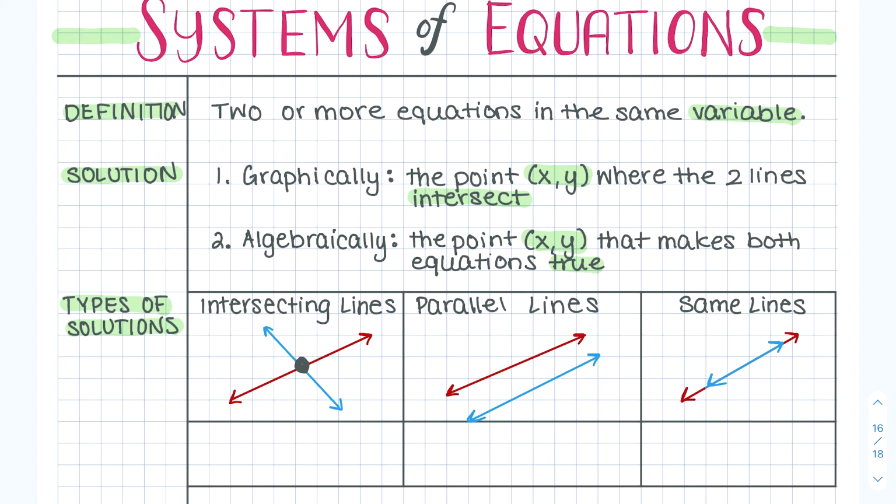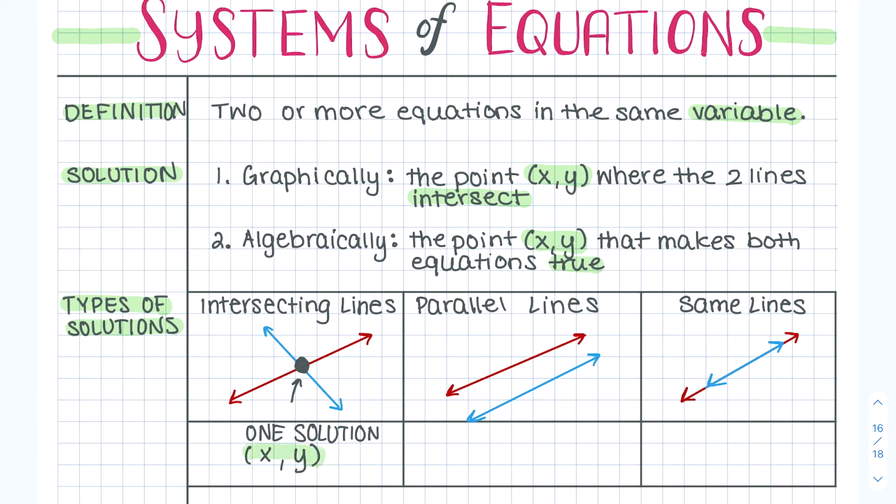So when we see these kinds of systems, the first type, the intersecting lines, this only has one place where they touch. So this only has one solution. And when there is only one solution, we are going to find the exact point on a graph and write that down.